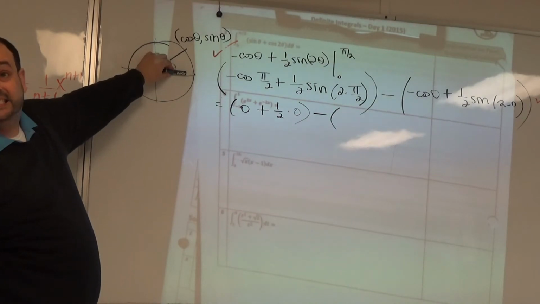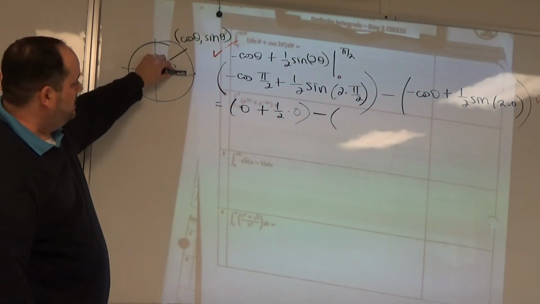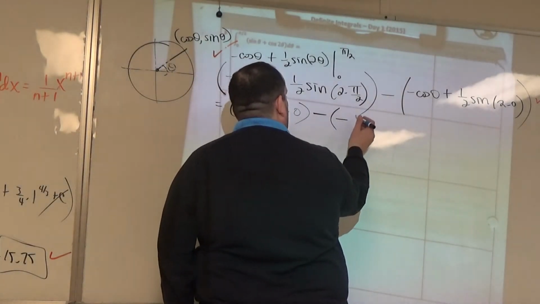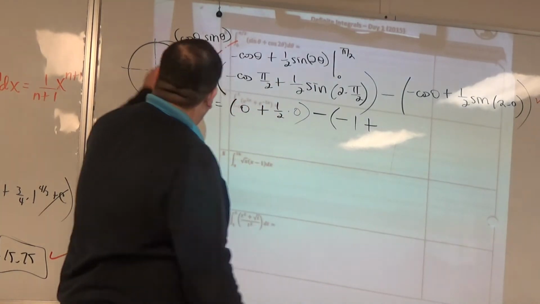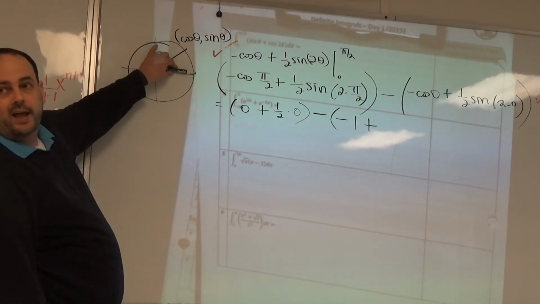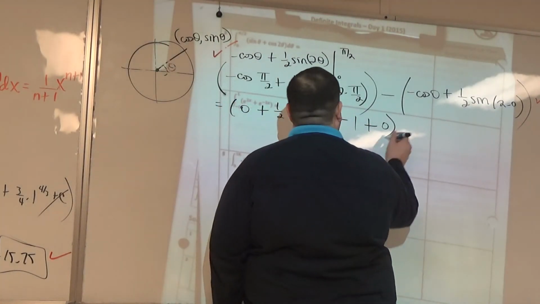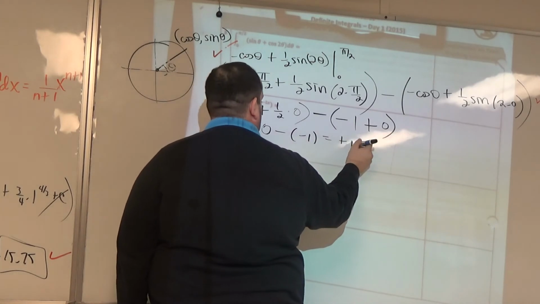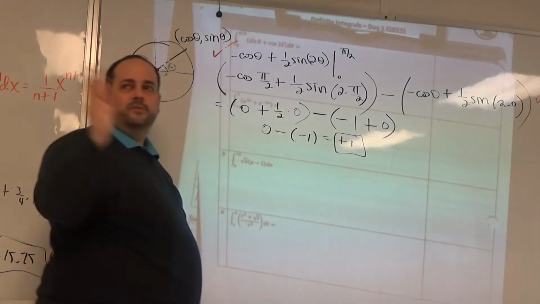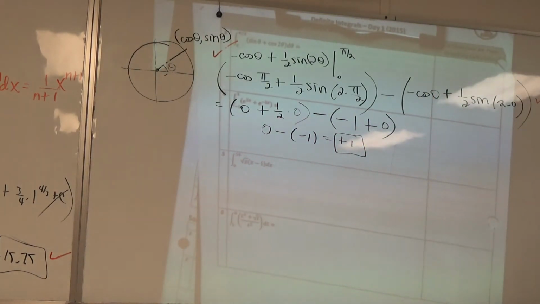Cosine is the x value, so it's -1, plus 2 times 0 is 0, sine of 0. Here's my 0-degree angle. The y value is 0. Okay, so what is that? 0 minus -1, positive 1.